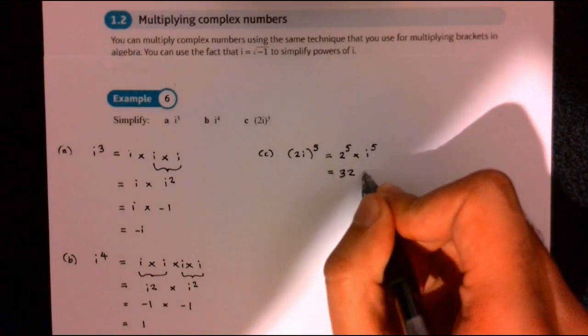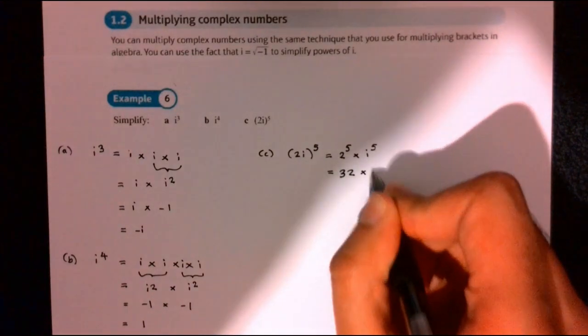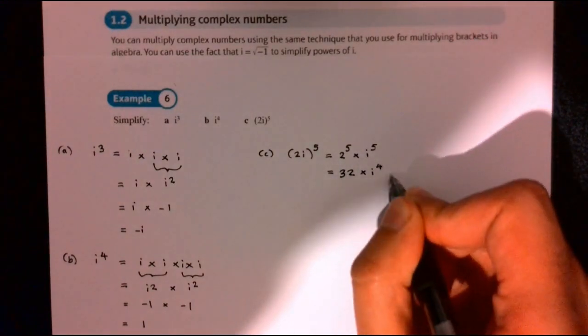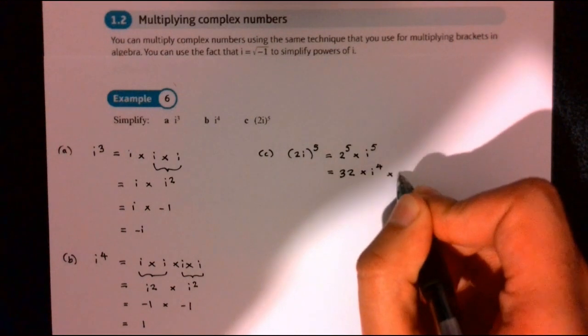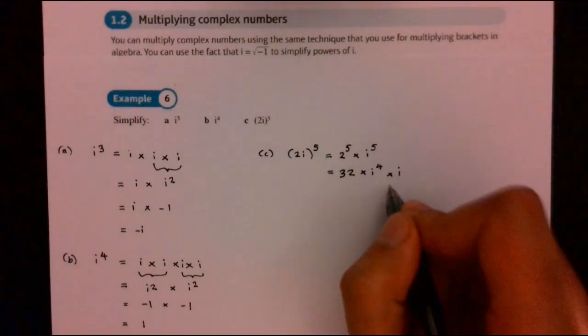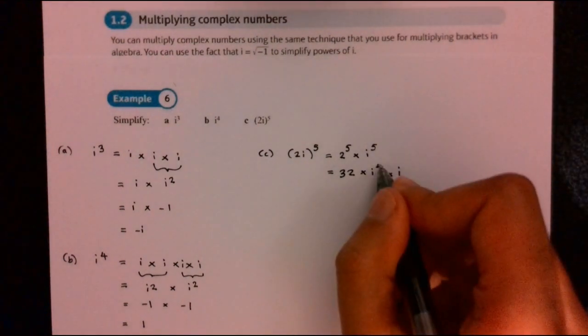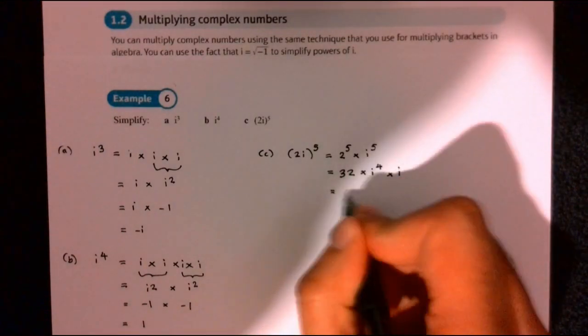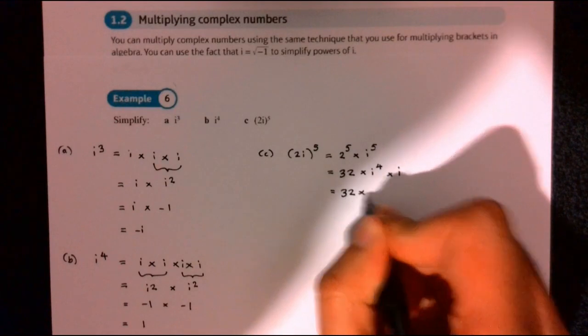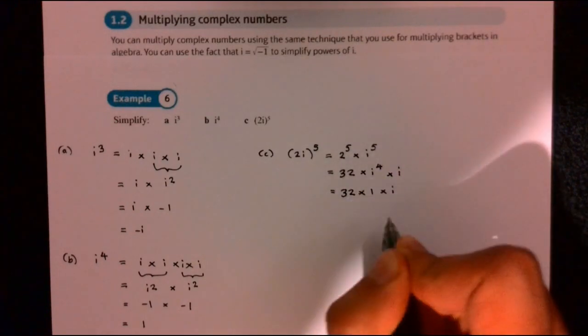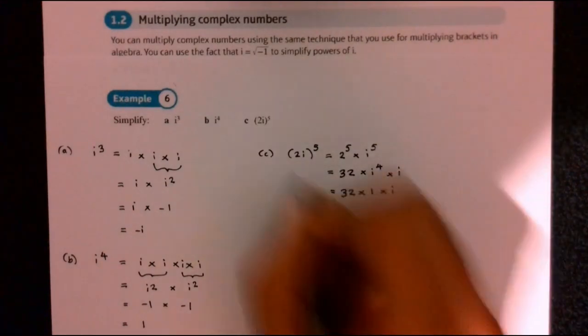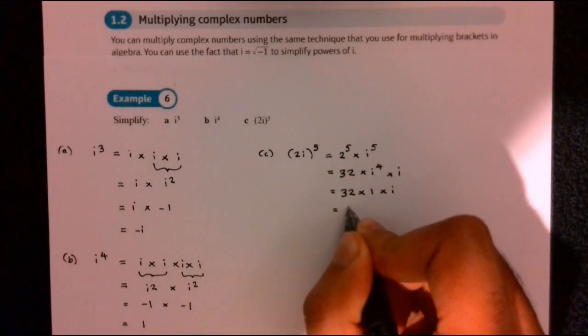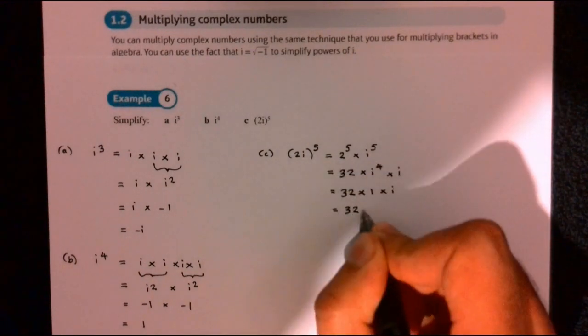And i to the power of 5, we can rewrite as i to the power of 4 times i. And we should know that i to the power of 4, that's just 1. So we have 32 times 1 times i. Indeed, 2i to the power of 5, that's 32i.